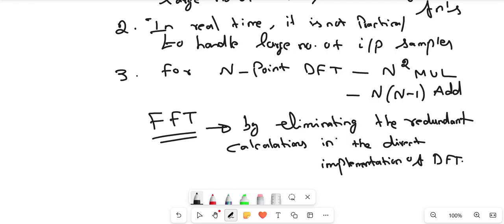So that is why the fast Fourier transform was developed.